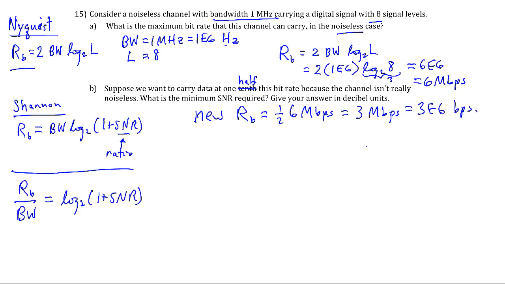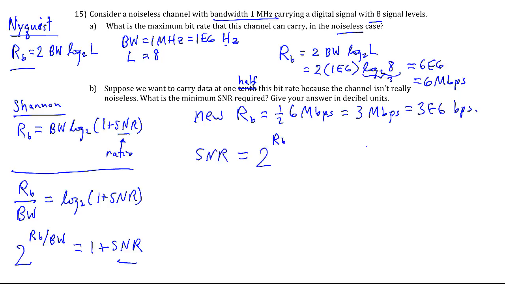And now I'm going to take 2 and raise it to each side of that equation. When I go 2 to the log 2 of x, it just turns into x, 1 plus SNR. That's the property of logs. And now I can solve for the signal to noise ratio. It's equal to 2 to the RB over bandwidth, minus 1.